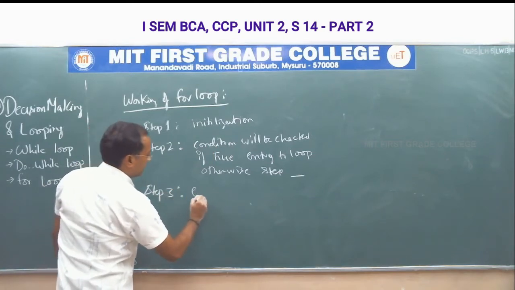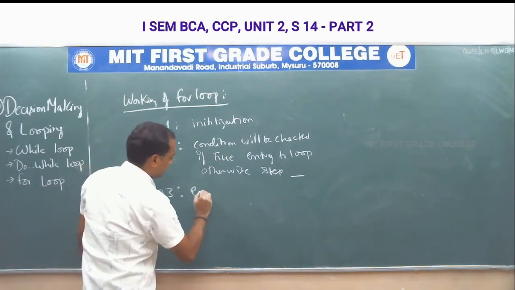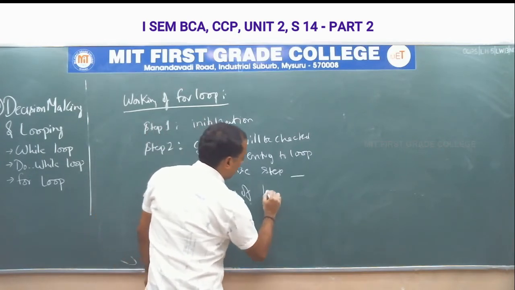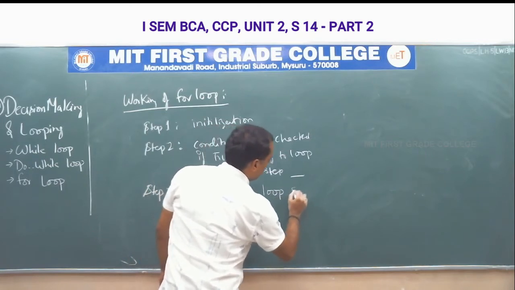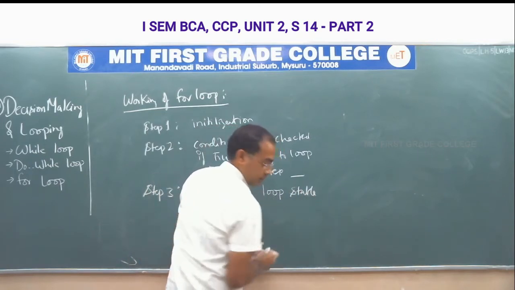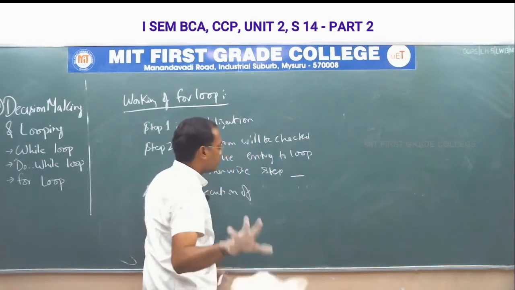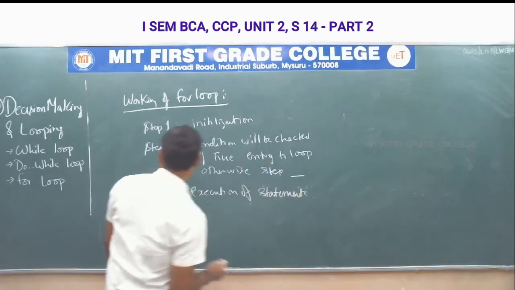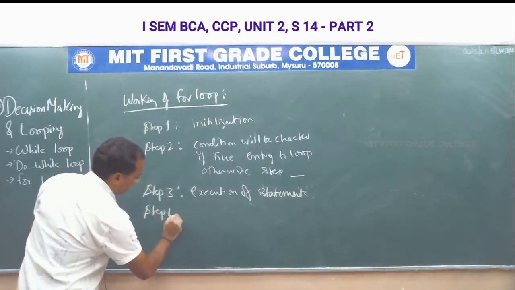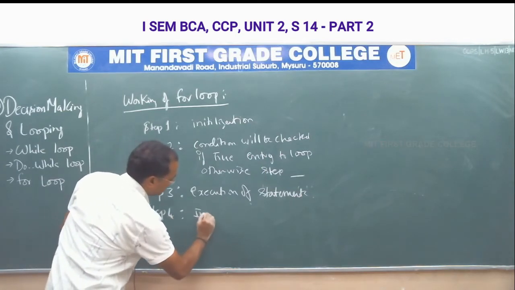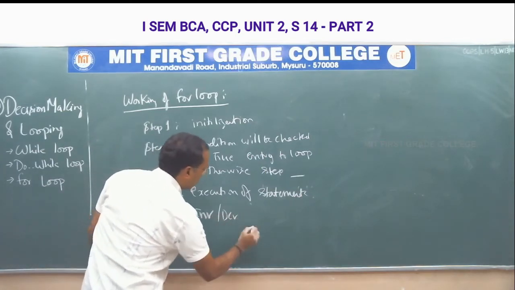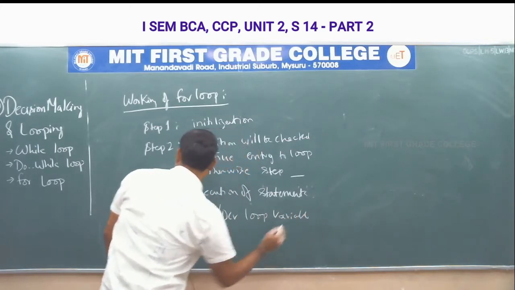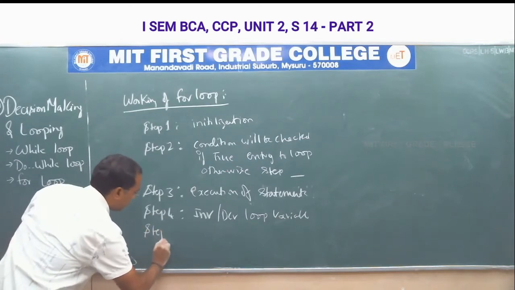Step 3, execution of loop statements. Step 4, increment or decrement the loop variable, which is called the loop control variable.